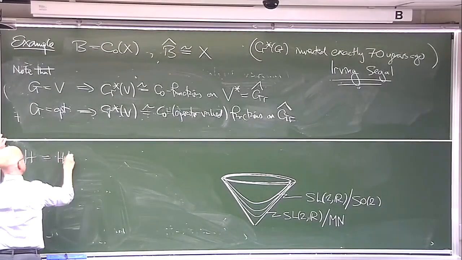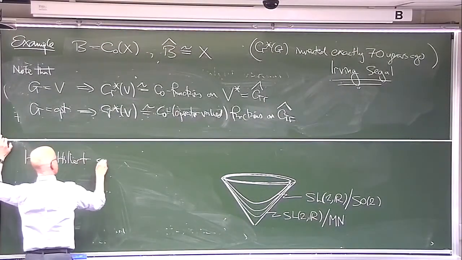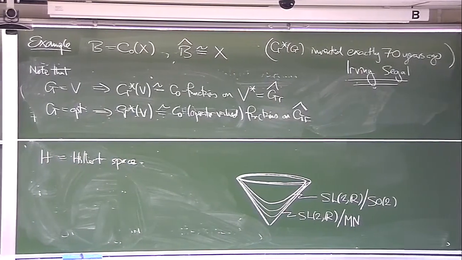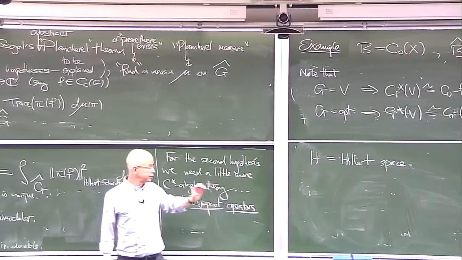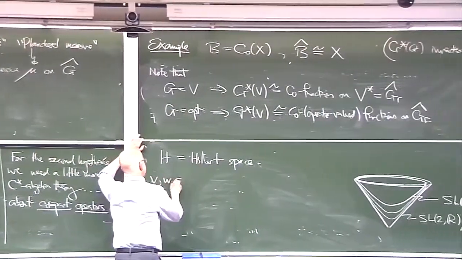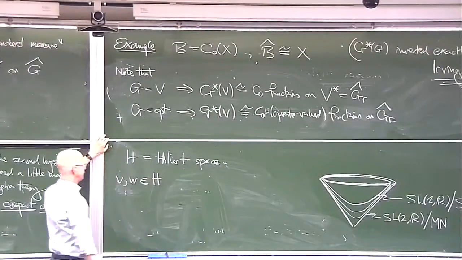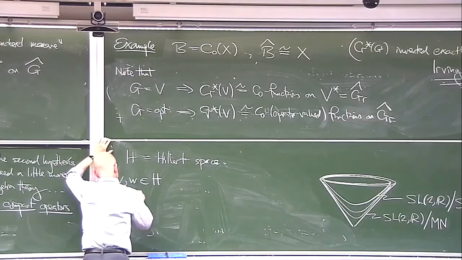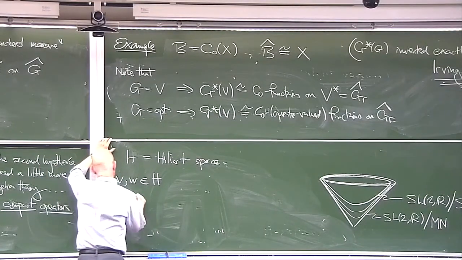So suppose I have a Hilbert space. I'm imagining infinite dimensions, otherwise it's not so interesting. If I have a couple of vectors V and W in the Hilbert space, then I can build an operator.